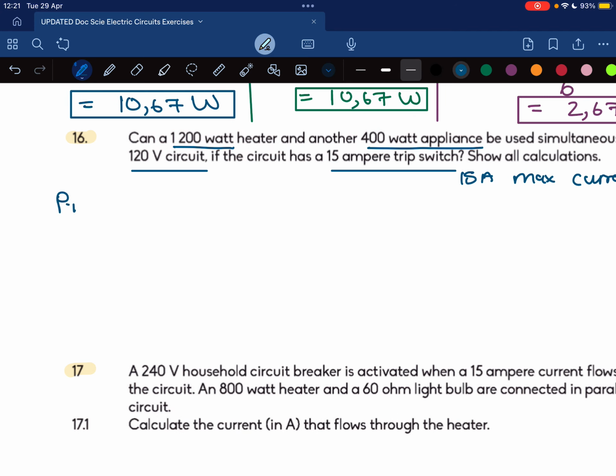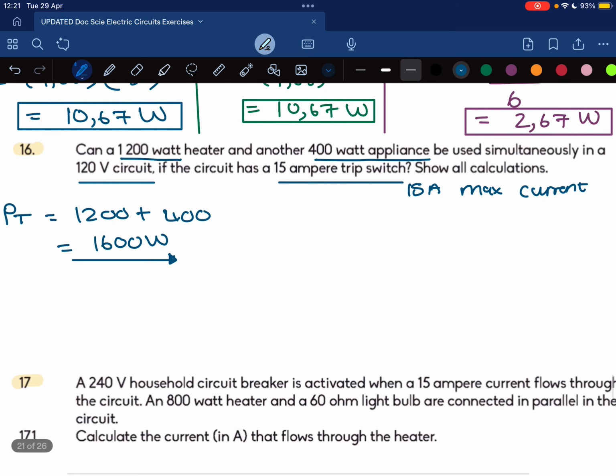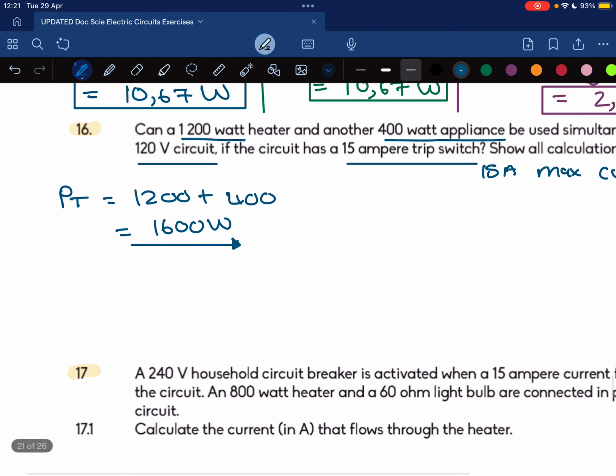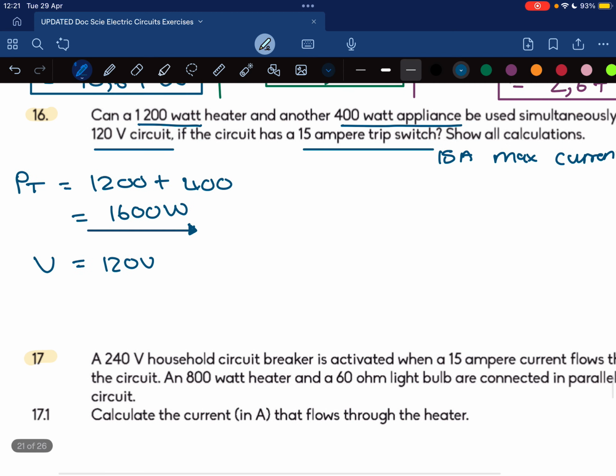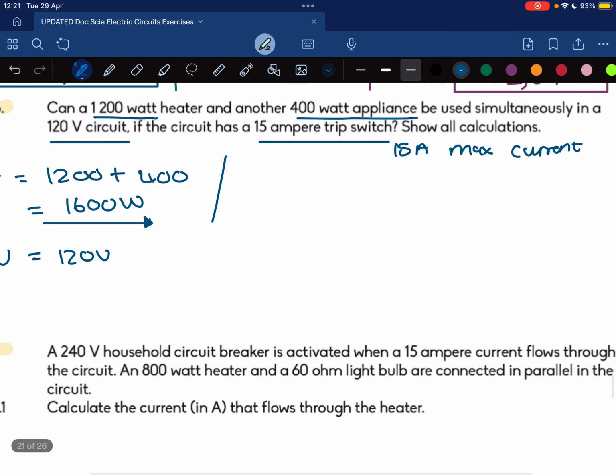So the total power is 1200 watts plus 400 watts, which is going to be 1600 watts. This is how much power I need for this adapter to run. I know that the voltage is going to be a 120 volt circuit. So I need to figure out what is the current that this is going to produce.